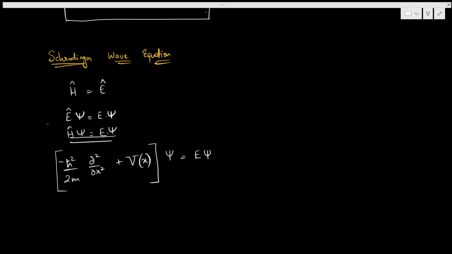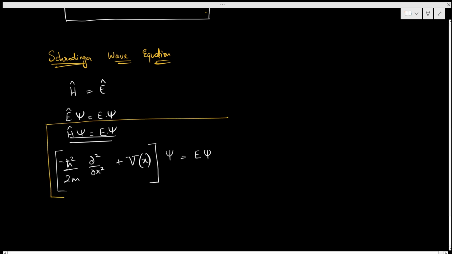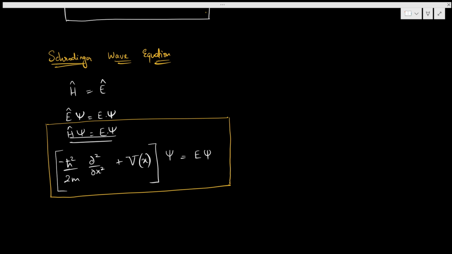This is your Schrodinger wave equation. That's it. So at its core, it is just an eigenvalue equation. You're just applying this Hamiltonian operator to give you this expression of minus h cross square by 2m into dou 2 by dou x2 plus v of x, the whole thing applied to psi, is equal to E times psi.